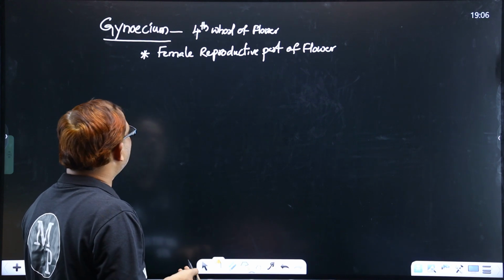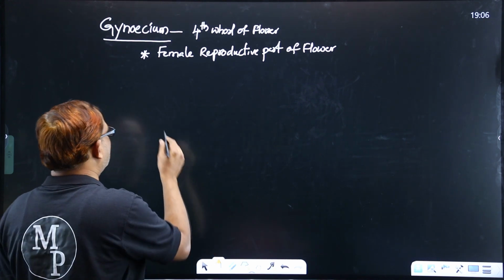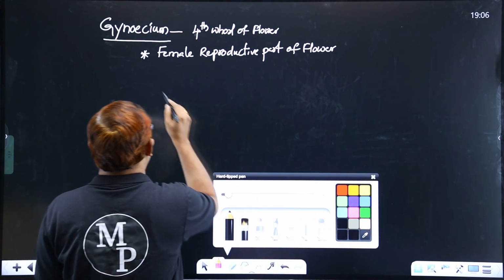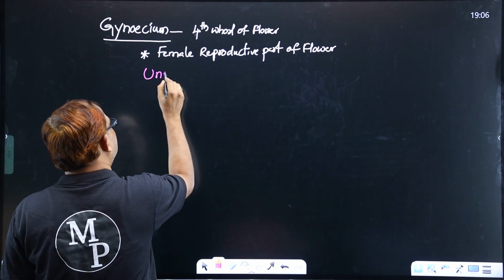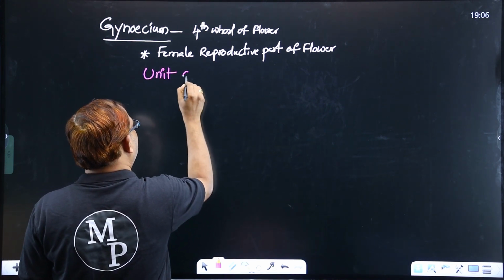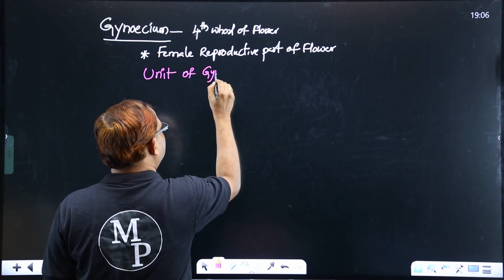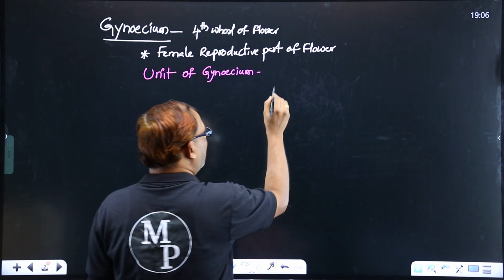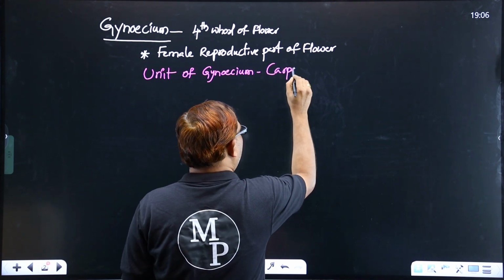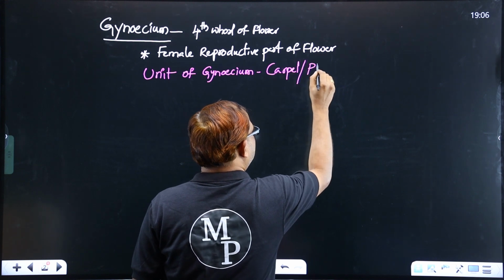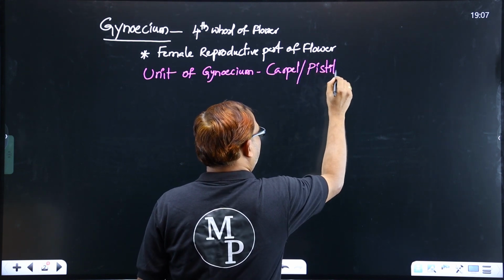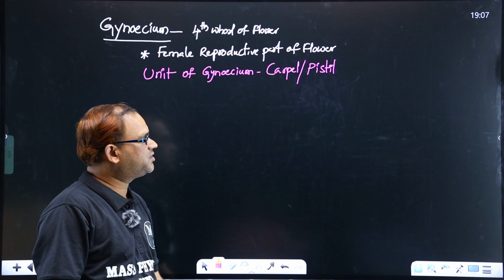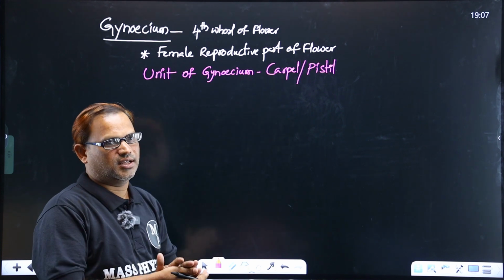Now, the unit of gynoecium is called what? It's very important. The unit of gynoecium is called carpel or pistil.